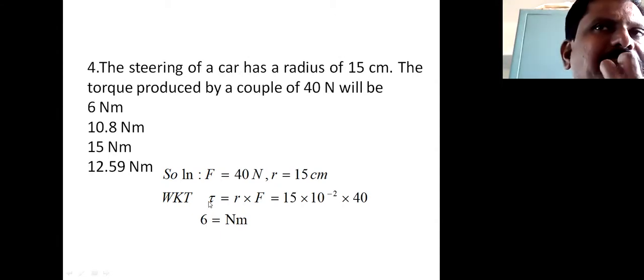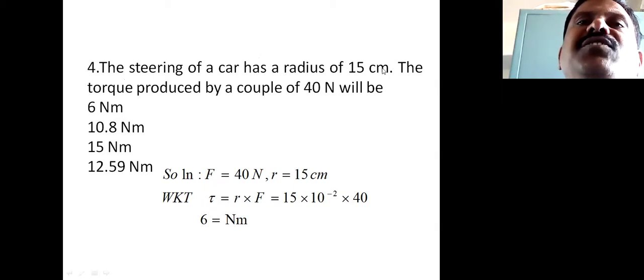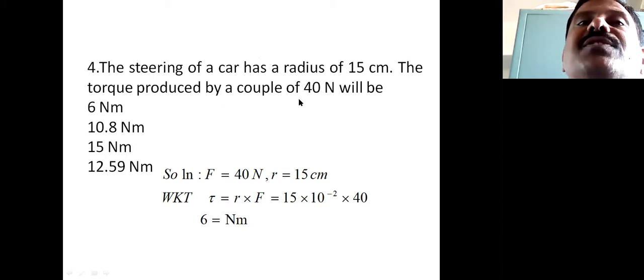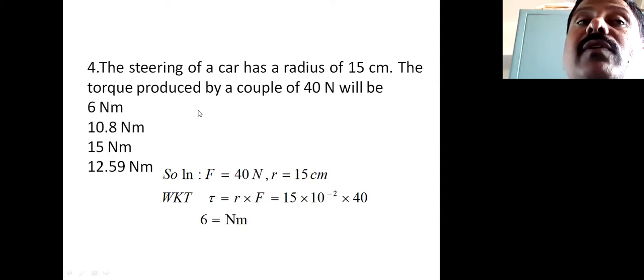Next, another similar example. The steering of a car has a radius of 10 centimeter. The torque produced by a couple of 10 Newton will be how much? That means when a force of 10 Newton acts on the steering of a car, which has a radius of 10 centimeter, what amount of torque will act on the steering?